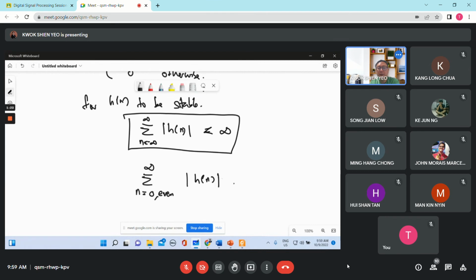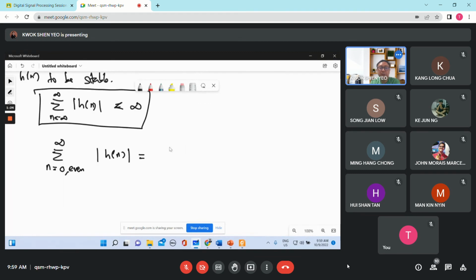I want to calculate that. h[n] is a to the power of n for this position, starting from 0 and even, so I can write it here: sum over n equals 0 and even of a to the power of n. I can factor out the n, or I don't need to factor out, so I'll just leave it there.